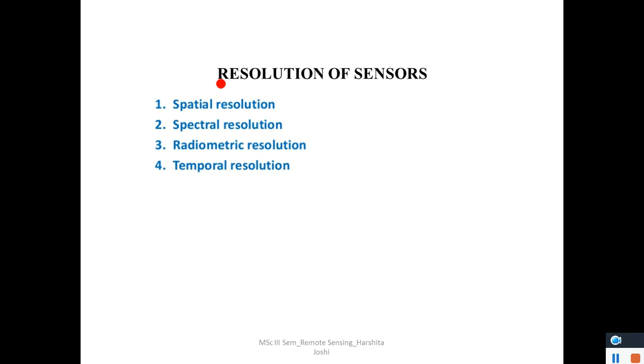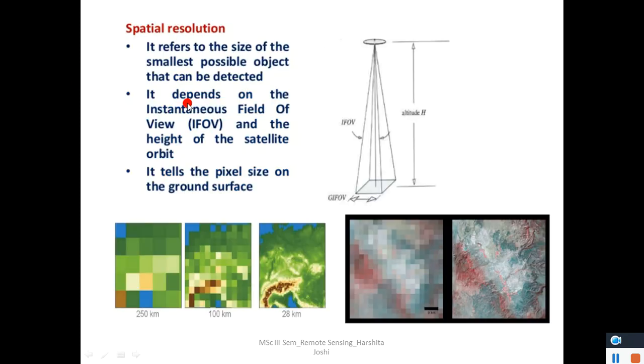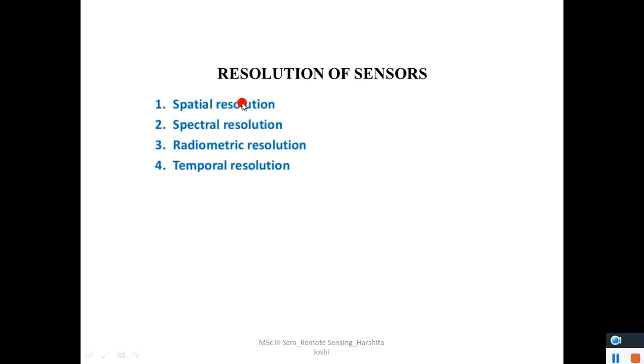Here we are talking about images, so within an image, if we are able to differentiate between 2 objects, it is known as resolution. These differentiating powers can be in respect of space, that is area, in reference of spectrum, in reference of radiometry, that is the energy, and in reference of time, temporal.